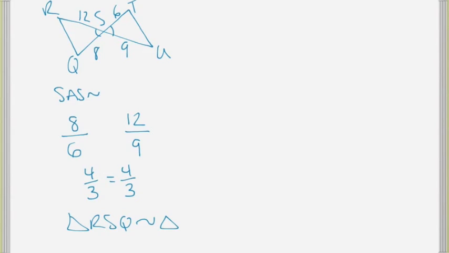So in the second triangle, which one is next to the unknown and the bigger? U. S is the angle that we know in both of them to be congruent, so S has to match with S, which by process of elimination means T has to be the other one. Okay. Questions on how to match up those letters? For me, that's the hardest part. It's trying to figure out the names.